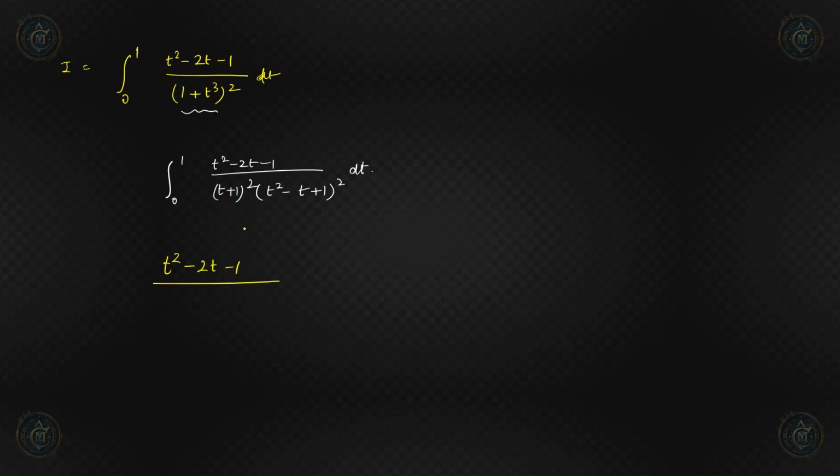t square minus 2t minus 1 divided by t plus 1 whole square times t square minus t plus 1 whole square. So this thing we can write as a divided by t plus 1 plus b divided by t plus 1 whole square. Plus we have to consider a linear form in the numerator for these quadratic terms, okay.